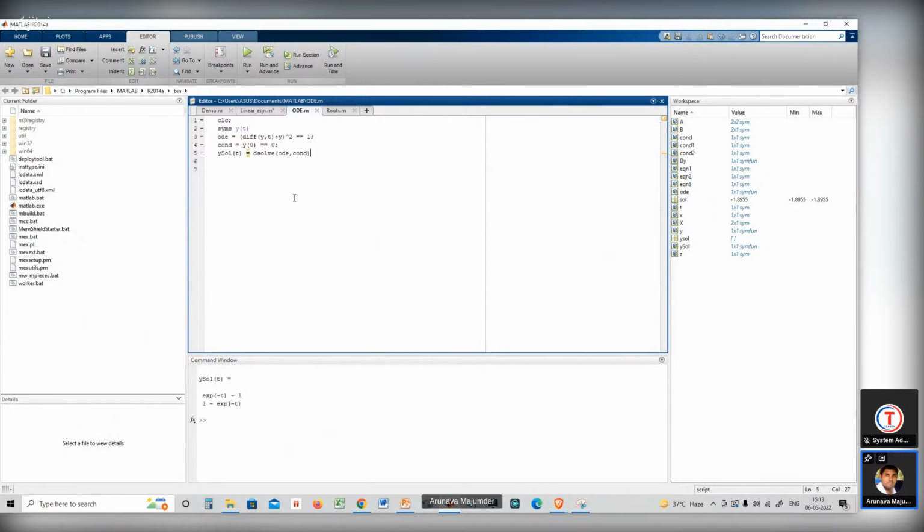Yes, look at this, the ysolve. This is the condition, and there is the solution. This is the ODE here, and this is the solution here. So ysolve is equal to this one, and it gives you the solution like this.